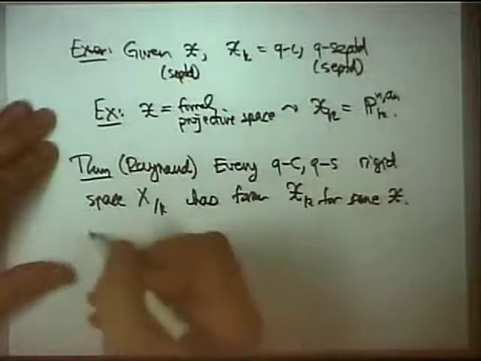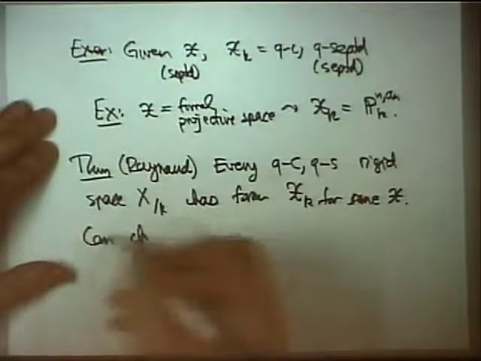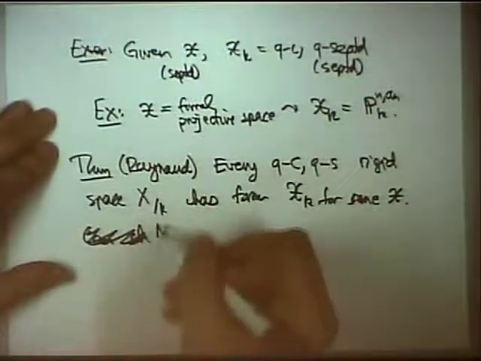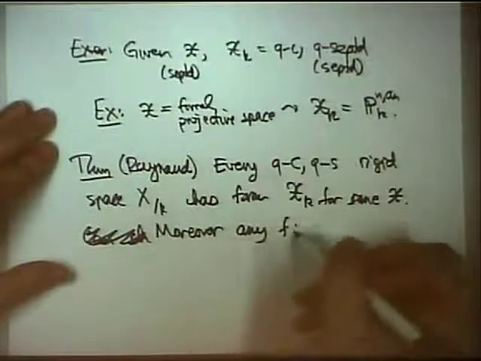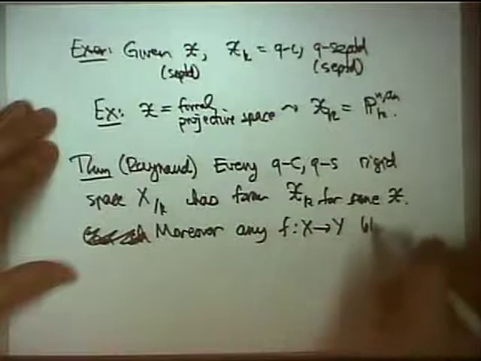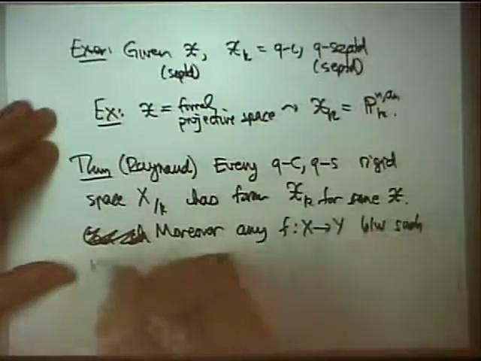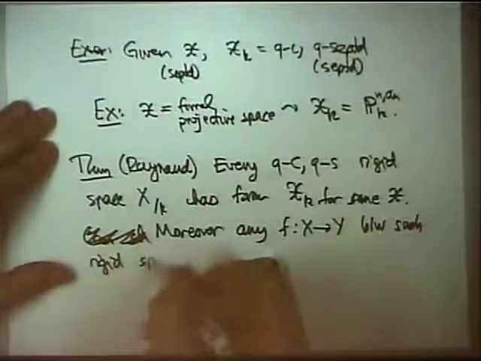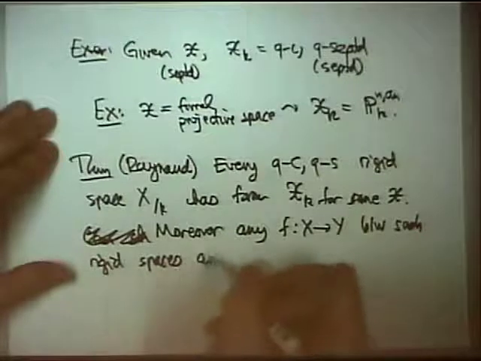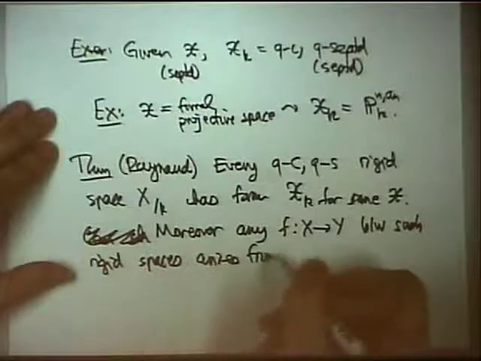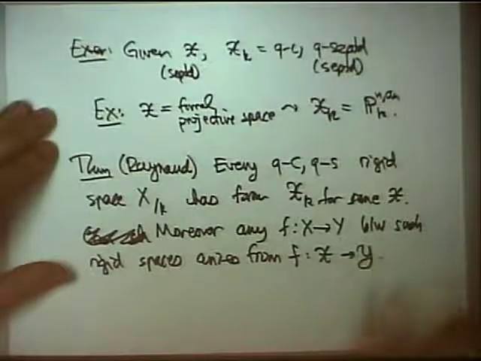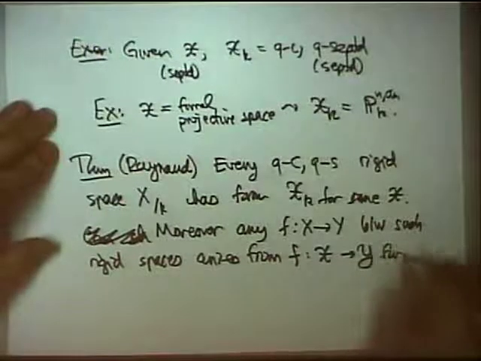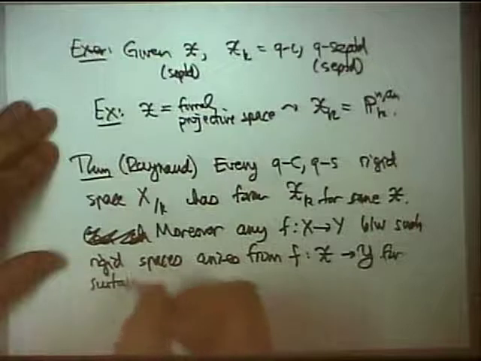In fact, you can characterize, moreover, that every map between such rigid spaces arises from a map between such formal models, for suitable models. So these are called formal models.